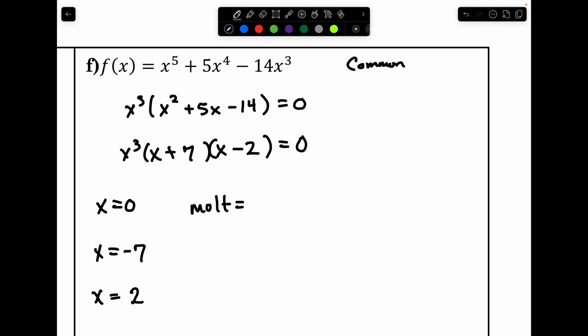And our multiplicity for x equals 0 is 3. The multiplicity for x equals -7 is 1. And the multiplicity for x equals 2 is also 1, which again, 3 plus 1 plus 1 is a total of 5.